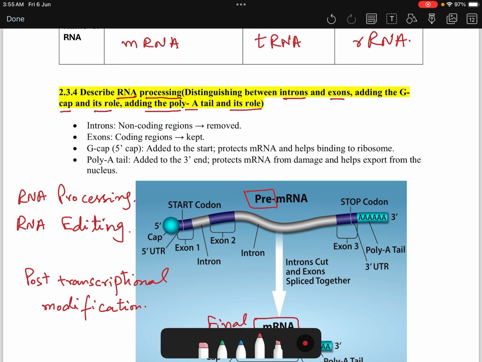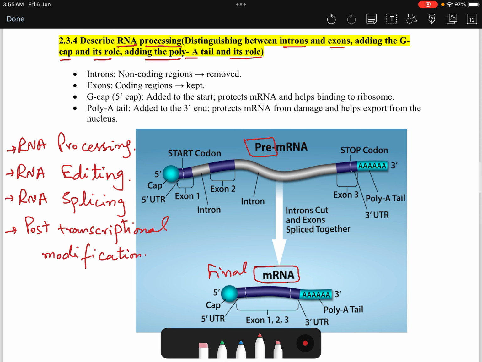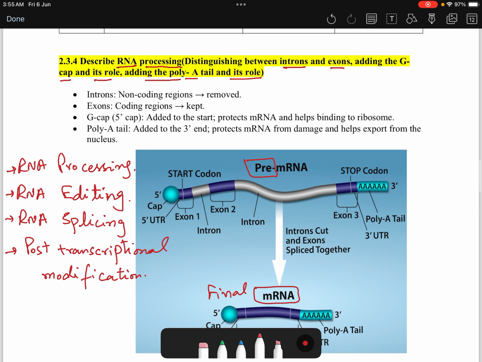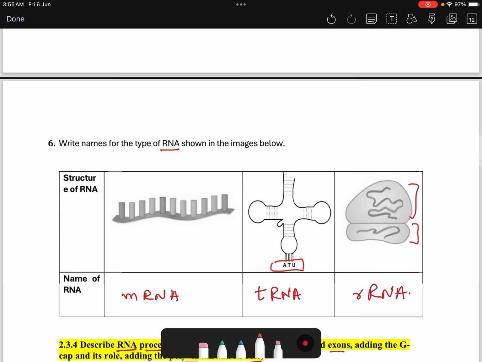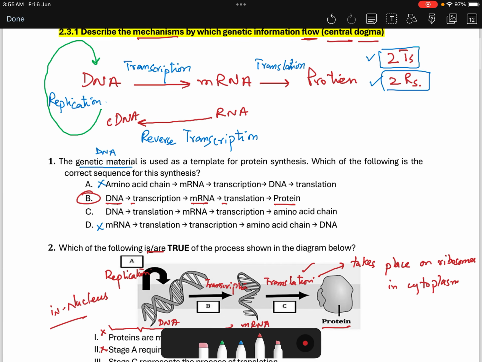Okay, so we say it as RNA processing or RNA editing. Yes, one more that is called as RNA splicing. So you can choose any name that is good for you for this process in which a pre-mRNA is converted into mRNA. So normally I will go back and tell you how this works.